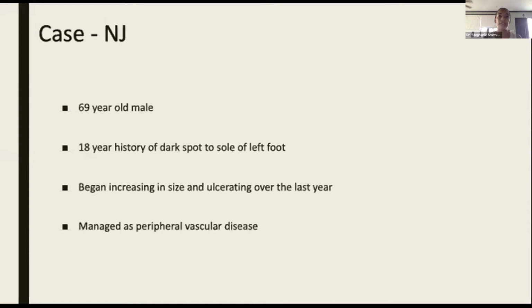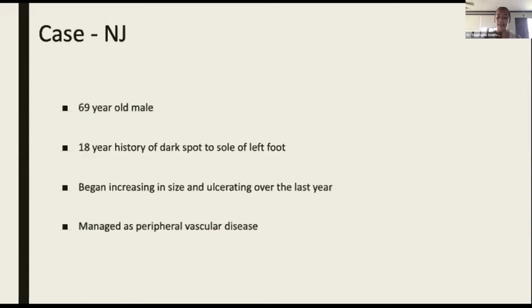So he told us that this spot began increasing in size and ulcerating over the last year. He had been to a couple of different doctors and was told that, as he put it, he had arterial disease. And what we saw in his notes, he was being managed as peripheral vascular disease.